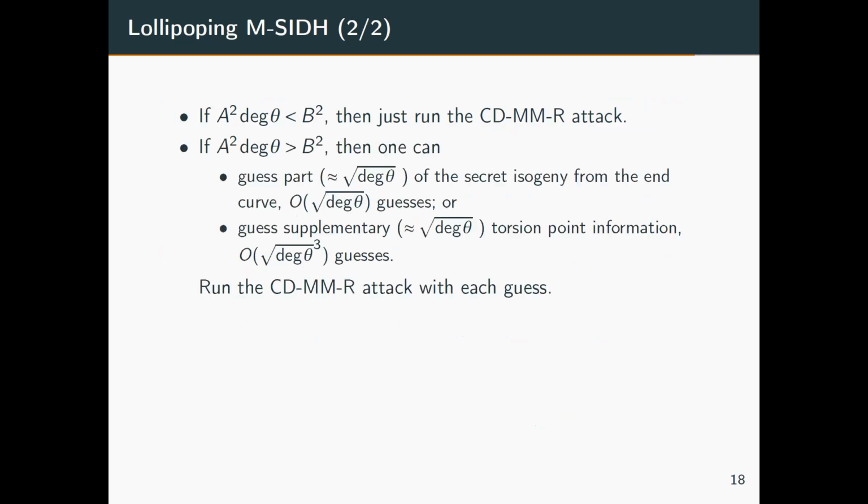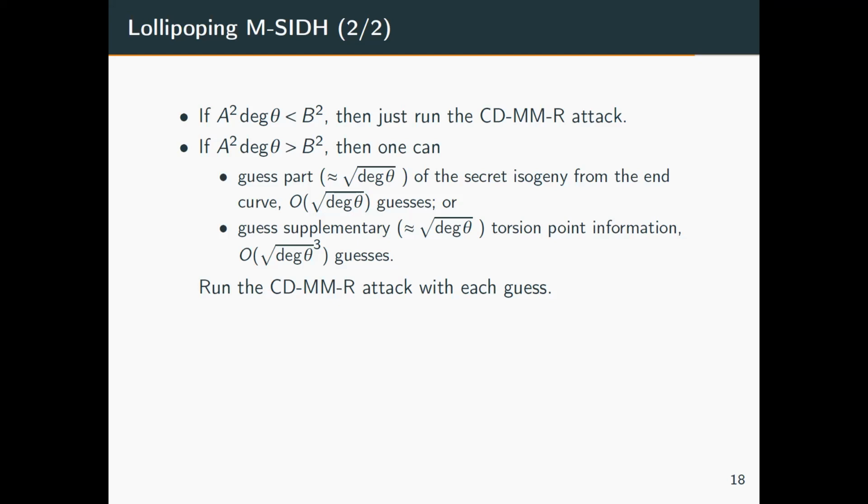If not, what you can do is the tricks that you have seen in the 2 slides yesterday. You can try to guess part of the isogeny, or you can also try to guess new torsion point information to reduce the gap between the two. But guessing torsion point information, I think, is more costly. It's better to just guess part of the secret isogeny.